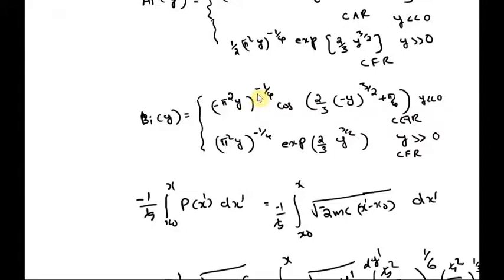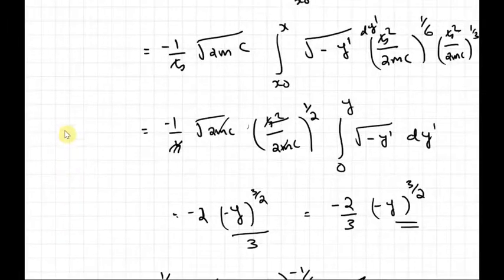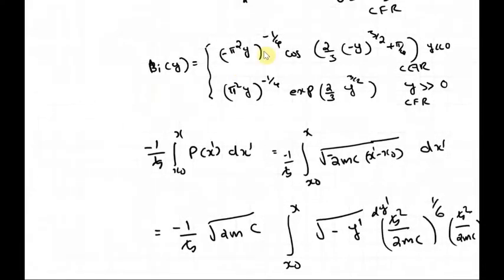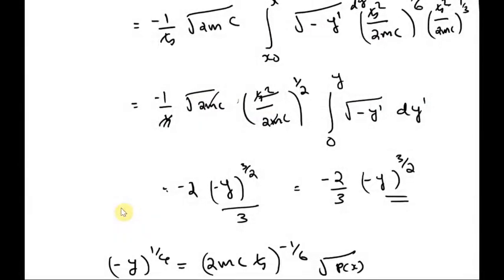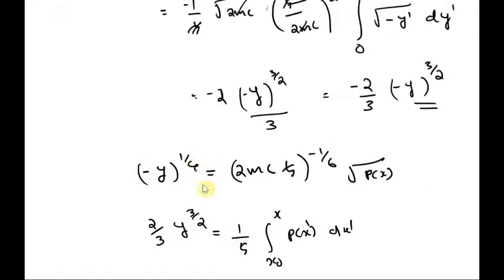Y raised to minus 1 by 4. Here you have y raised to 1 by 4. So corresponding to this quantity y raised to minus 1 by 4, you'll be having 1 by root p of x term in your final expression. This is root p of x. As there is minus 1 by 4, it's going to be at the bottom of it.